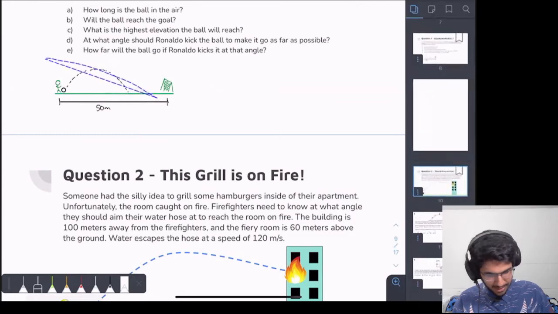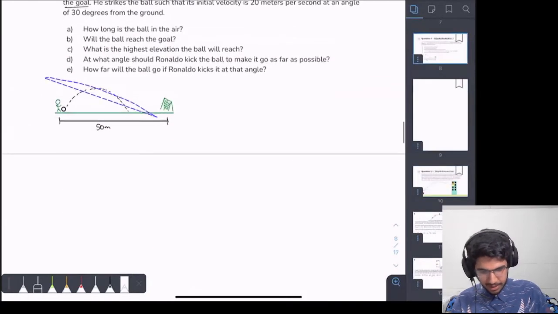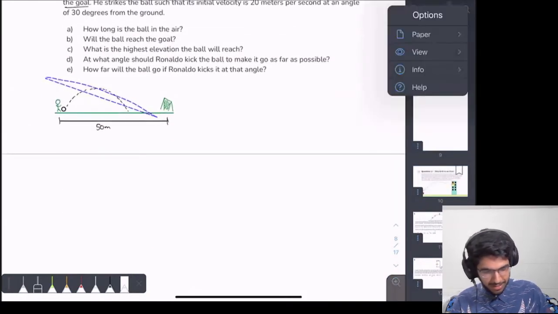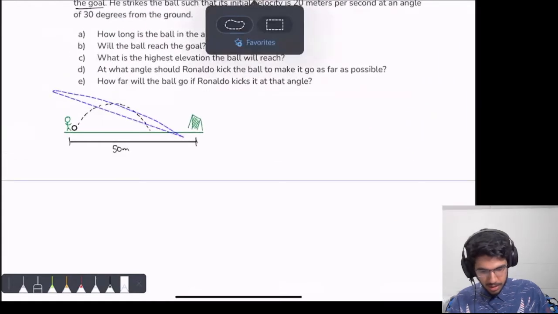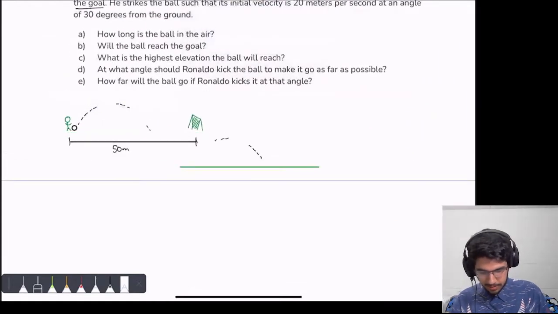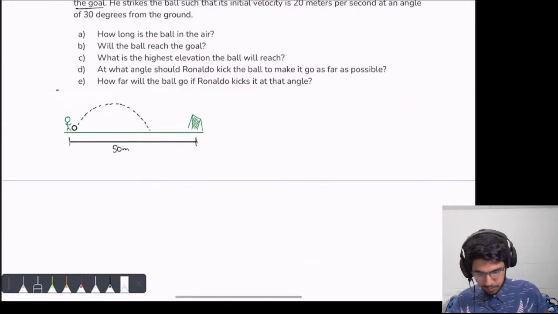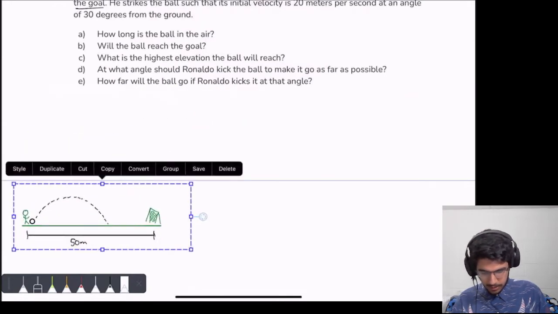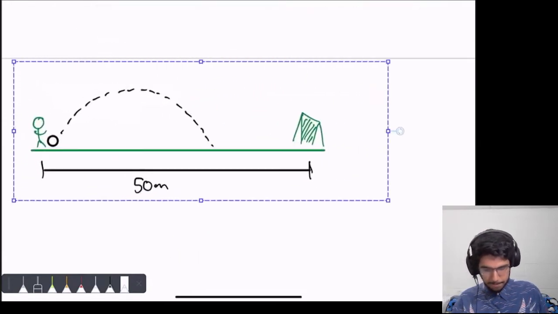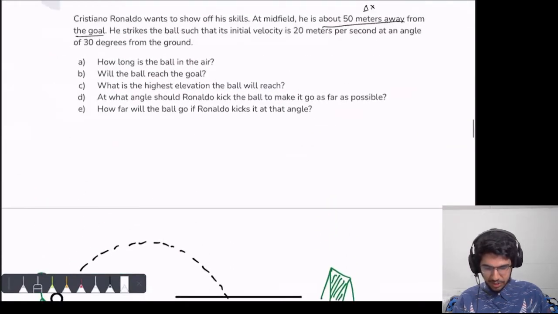Okay. And then we're going to change this, and we'll make it a little bit bigger. Now we can see things a little bit better.